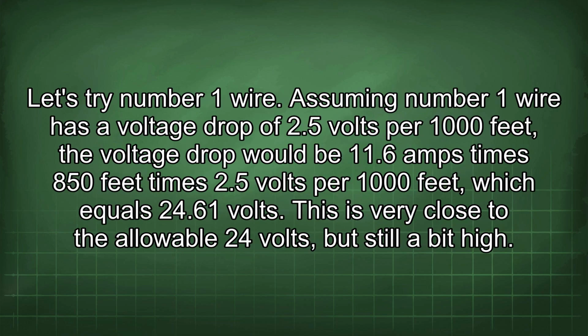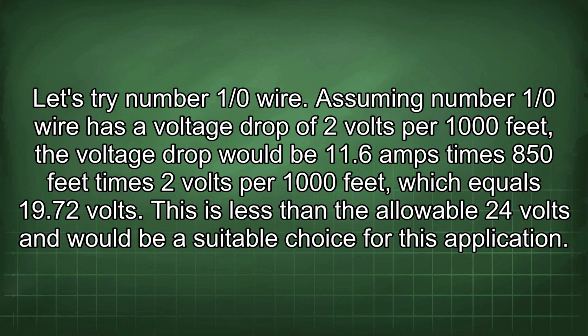Let's try number 1 wire. Assuming number 1 wire has a voltage drop of 2.5 volts per 1000 feet, the voltage drop would be 11.6 amps times 850 feet times 2.5 volts per 1000 feet, which equals 24.61 volts. This is very close to the allowable 24 volts, but still a bit high.